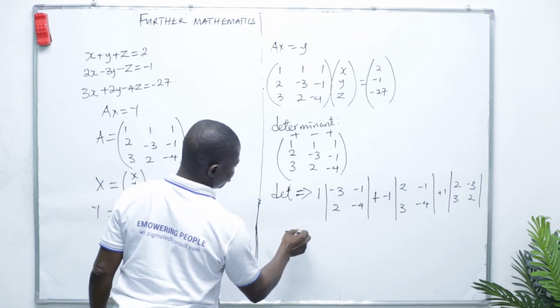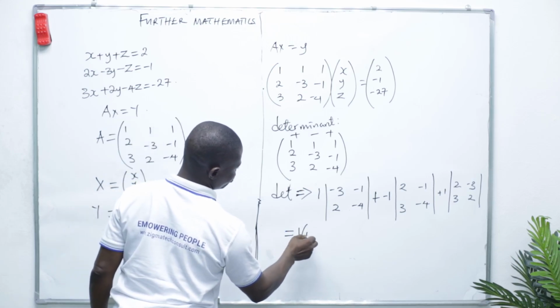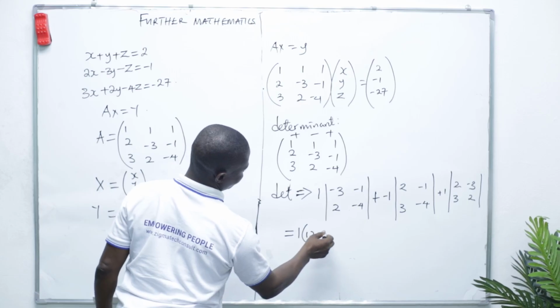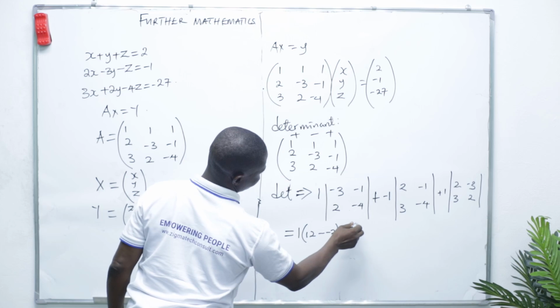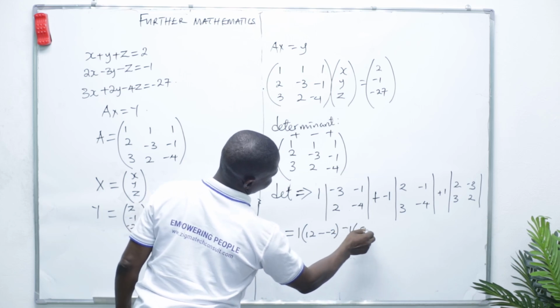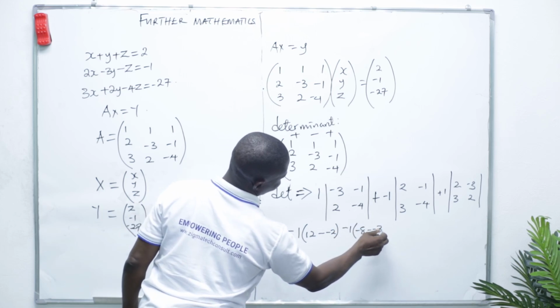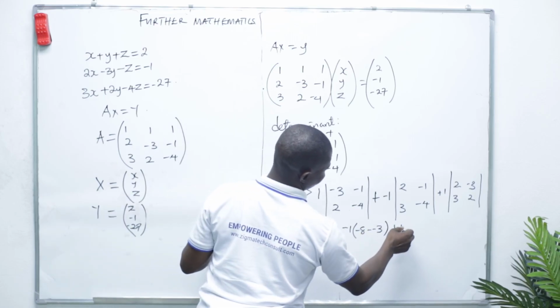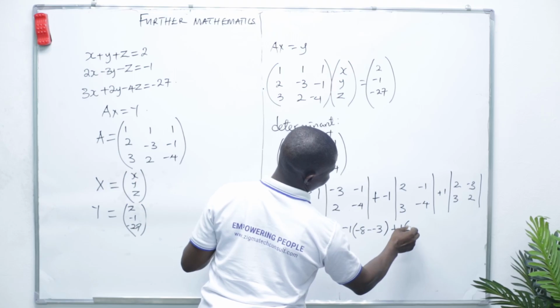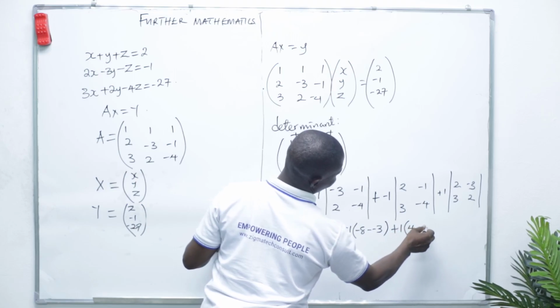This will give me 1 into 12 minus minus 2, minus 1 into minus 8 minus minus 3, plus 1 into 4 minus minus 9.